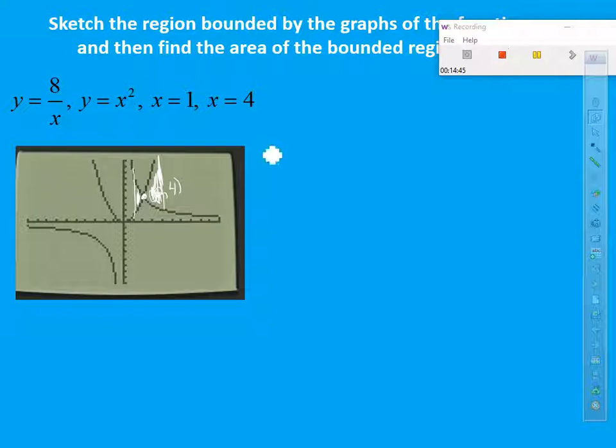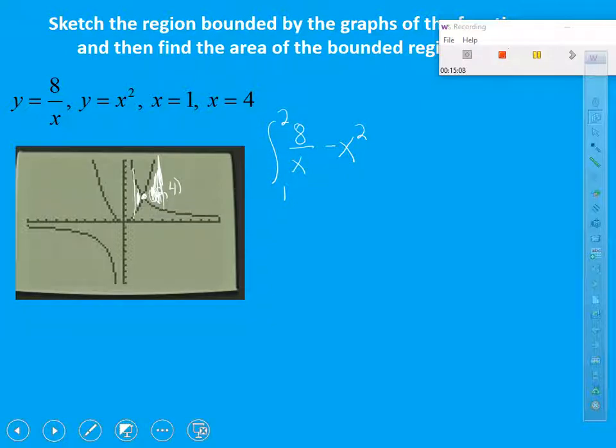Well, let's kind of see what we got then. On the first one, my upper bound looks like it's the hyperbola. So I'm going to have 8 over x minus the lower bound, which is the parabola, and we're going to work with that from 1 to 2.